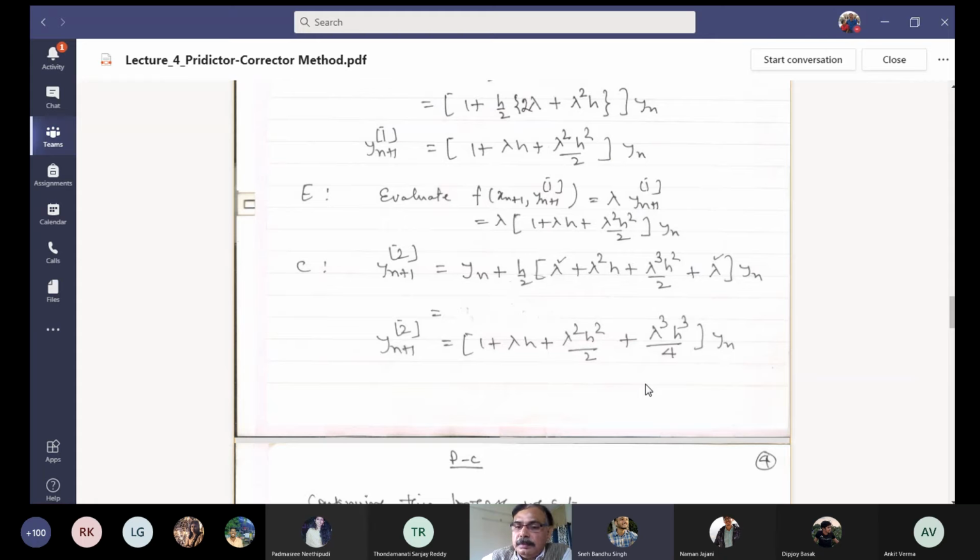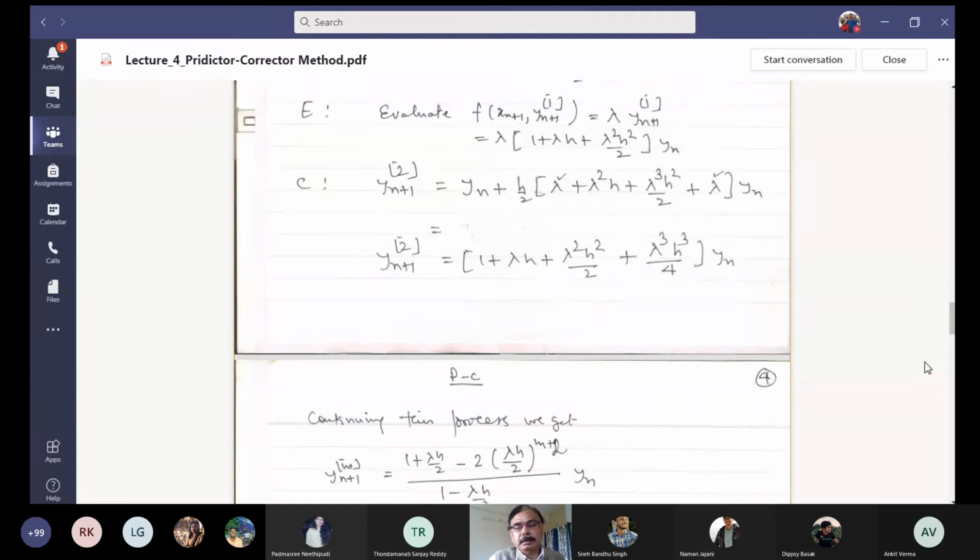Last term will be lambda to the power m plus 1, h to the power m plus 1, divided by 2 to the power m. Is that m plus 1? What is that? Not m plus 1, it will be m minus 1.